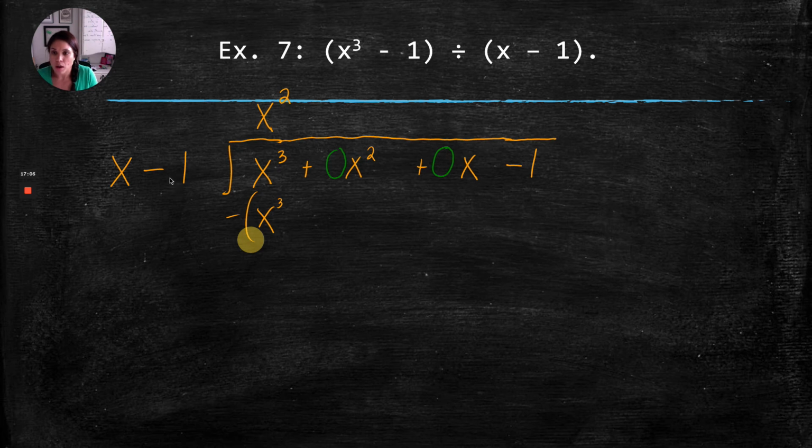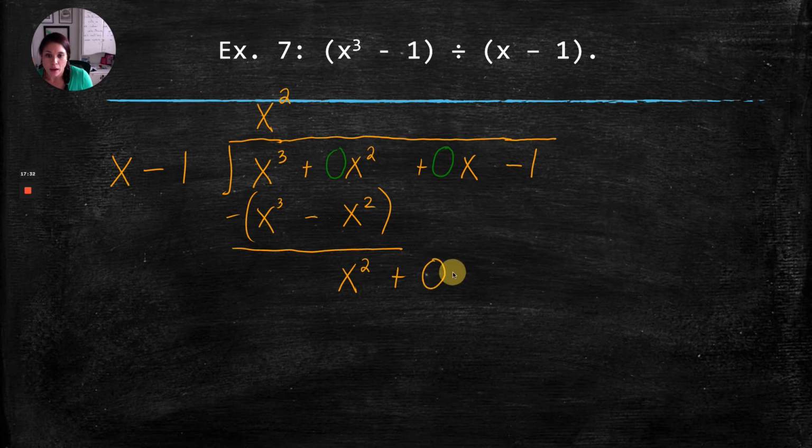X squared times negative 1 is just negative x squared. Okay, so this first row is going to cancel. 0 minus a minus x squared is going to become just a positive 1 x squared. I'm going to bring down my next term, that is 0x.